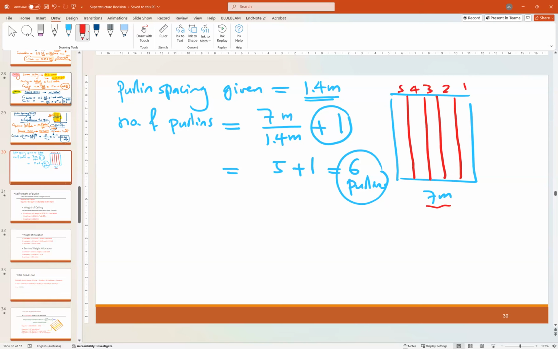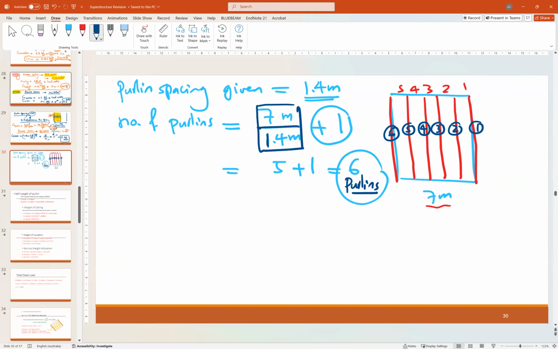But if you have 5 spacings, you have 6 purlins. So 1, 2, 3, 4, 5, 6 purlins. So to get the correct value, it is the 7 meter width over the spacing, plus 1.